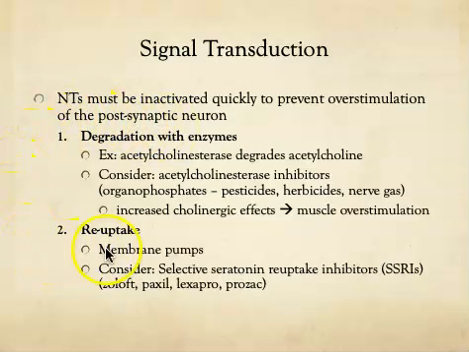Now, on the reuptake side, a really good example of this is what are called the selective serotonin reuptake inhibitors. You've probably heard of these. These are the SSRIs. This is a class of antidepressant drug. So these drugs have names like Zoloft and Paxil and Lexapro and the granddaddy is Prozac.